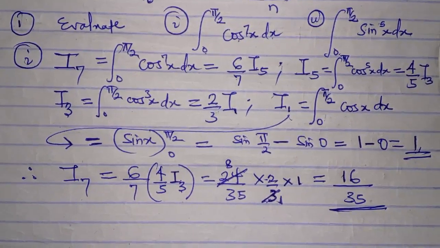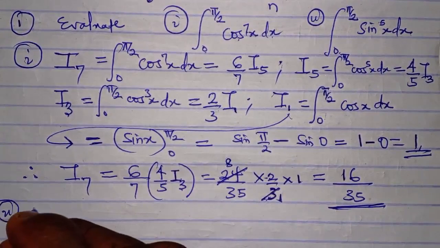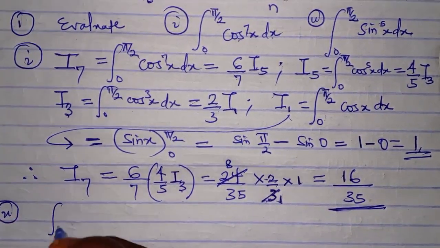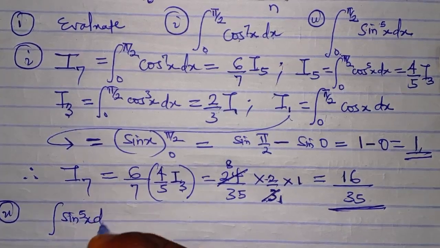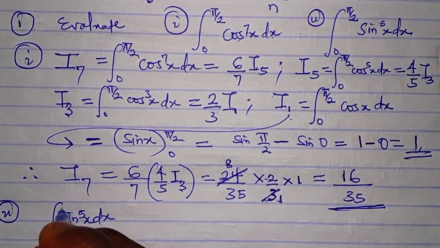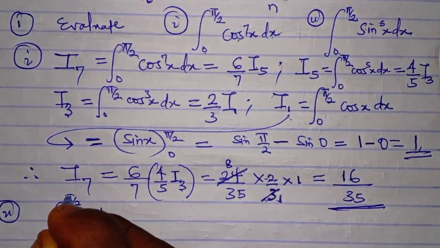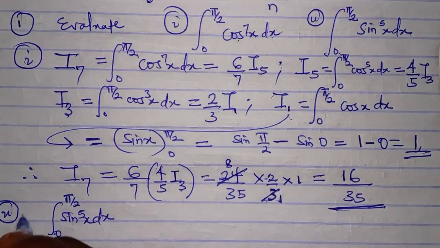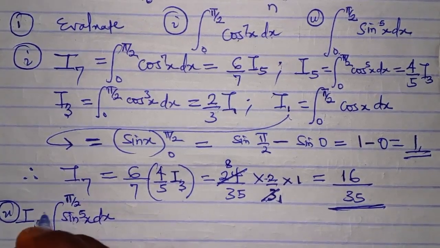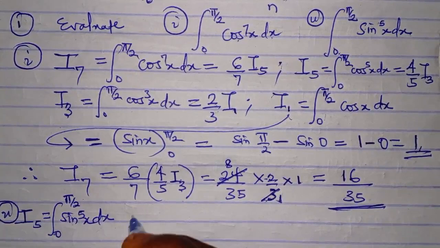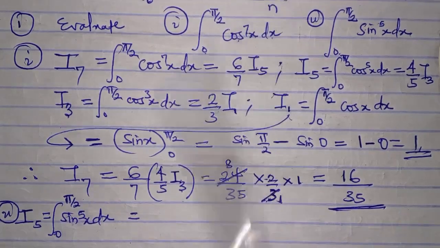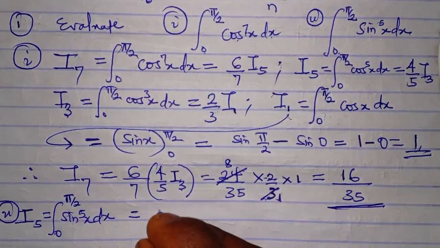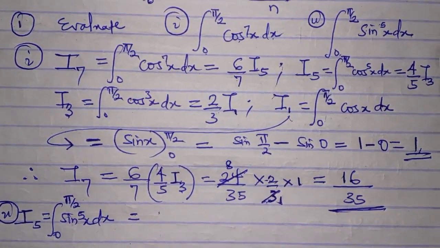In the same vein, let us attempt the second one. The integral of sine x to the power of 5, sine 5x dx, from x equal to 0 to pi over 2. Let's call this I5 because n is equal to 5. Using the same Wallis formula, 5 minus 1 is 4, so 4 over 5 I3.